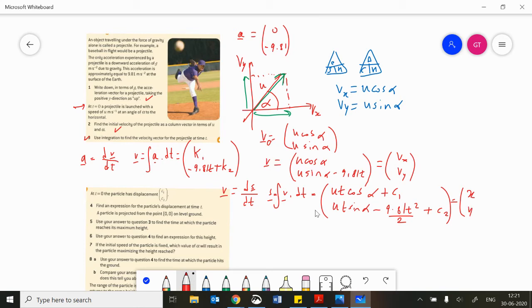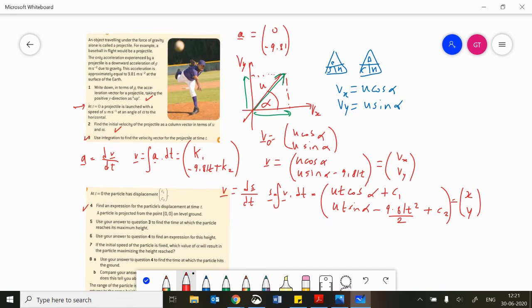Both of those things are dependent on time. We could say x is a function of time if we want to, but I'm just going to call them x and y for simplicity. So that's finally sorted out question 4.